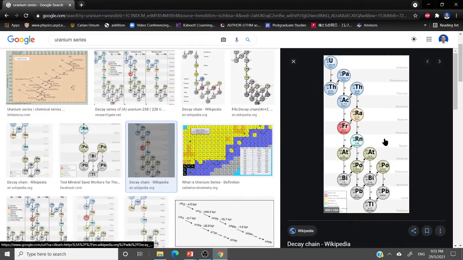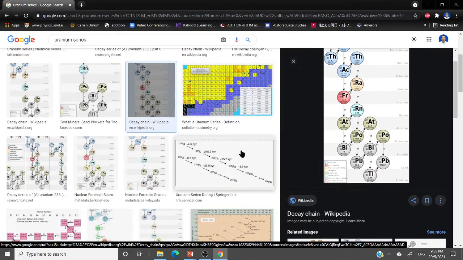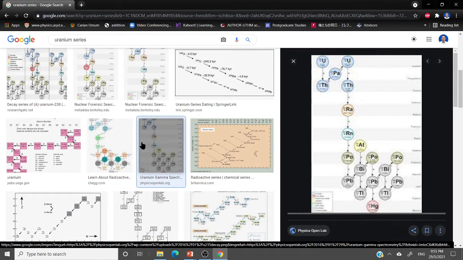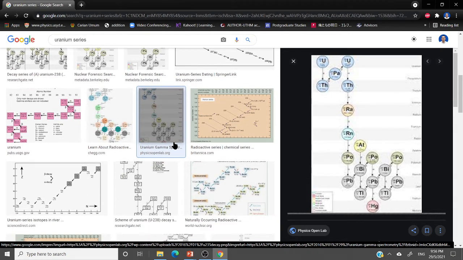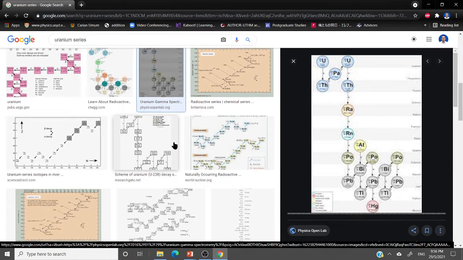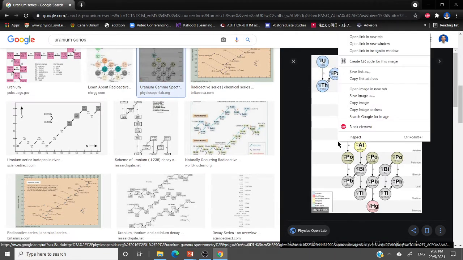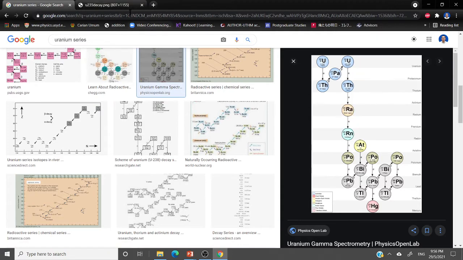This one does not have good resolution. This one. I don't know if you can see it. Okay, let's open it in a new tab.